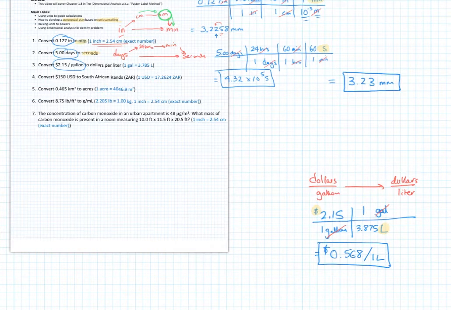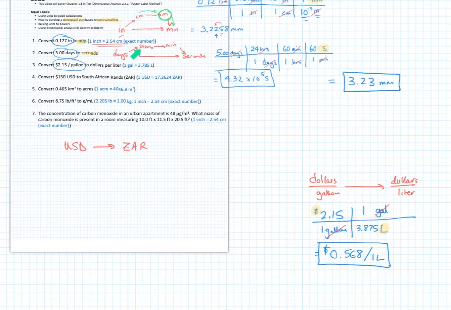Okay, so let's take a look at this conversion. Our strategy is going to be USD to South African rand, and we look on our information that we have, and I have a direct conversion, USD to ZAR. So this is going to be a 1-step calculation as well. You can actually tell how many steps your calculation is going to be based on how many steps it takes you to get from your starting point, days, into seconds.